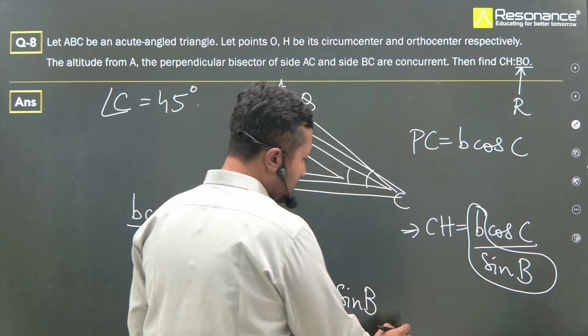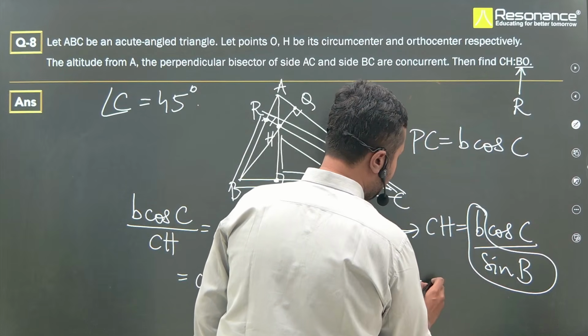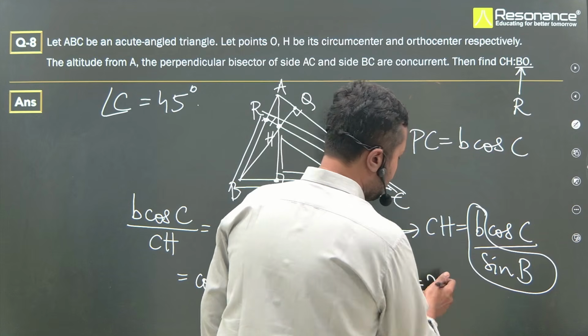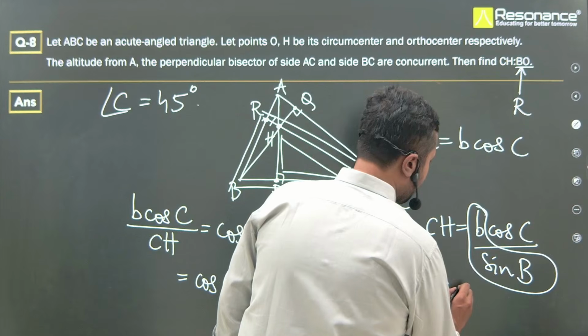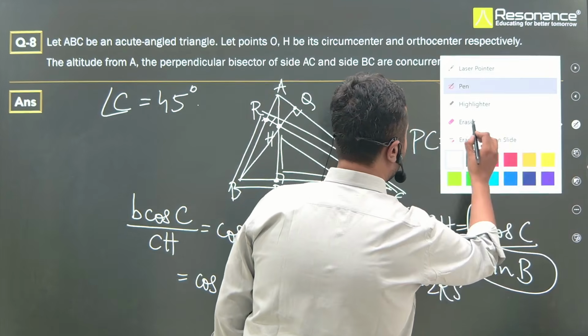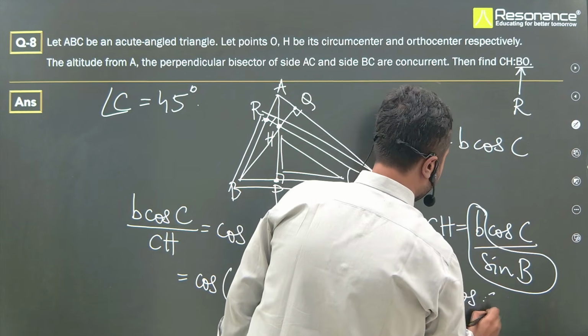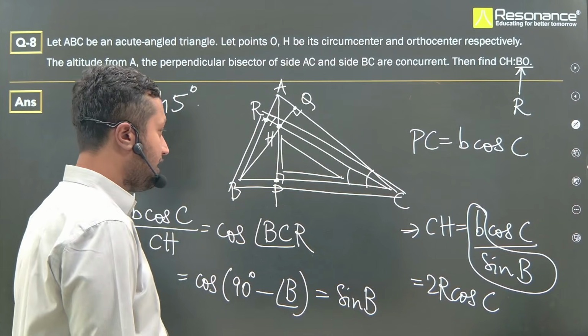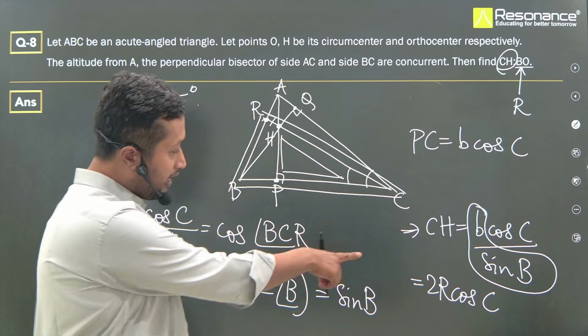There's this rule called the sine rule, and the sine rule says that b by sine B is actually equal to twice capital R. It's equal to the circumdiameter. And then cos angle C. That's all. So this quantity, we could now figure it out. It is 2R cos C.